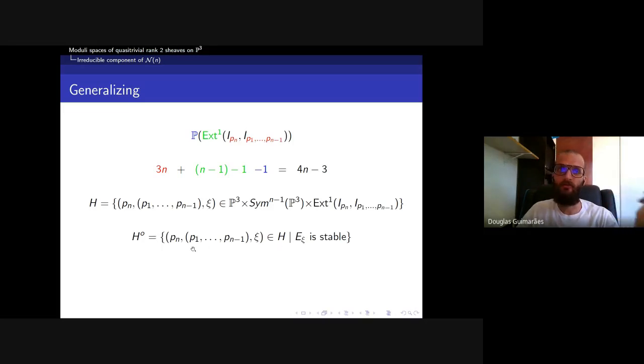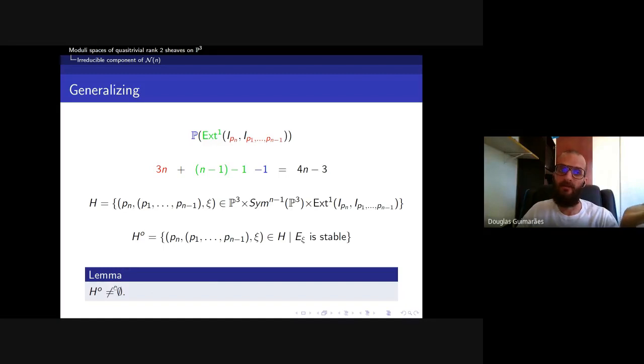So what is left to show is that if this H0 is non-empty, then we have a family of dimension 4n−3 of stable sheaves. And this would give a morphism from H0 to the moduli space. We can take the image there and consider the closure, and this has exactly that dimension. So all we have to show now is that this is non-empty, and this is exactly what the lemma says.